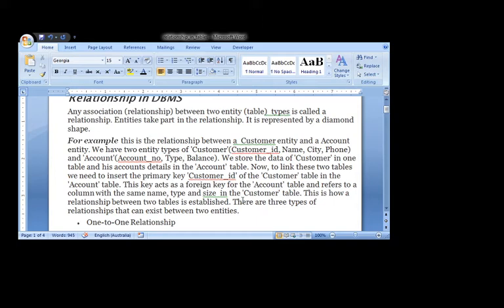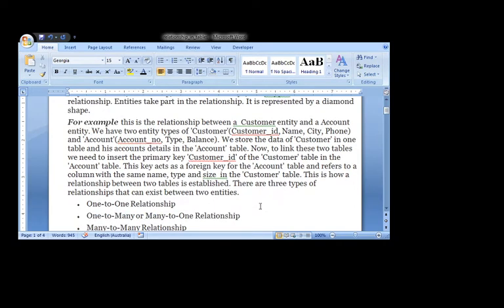It means foreign key is that key which is a primary key in another table, and the foreign key requirement is it should have the same name, type and size as in the customer table. This is how a relationship between two tables is established.